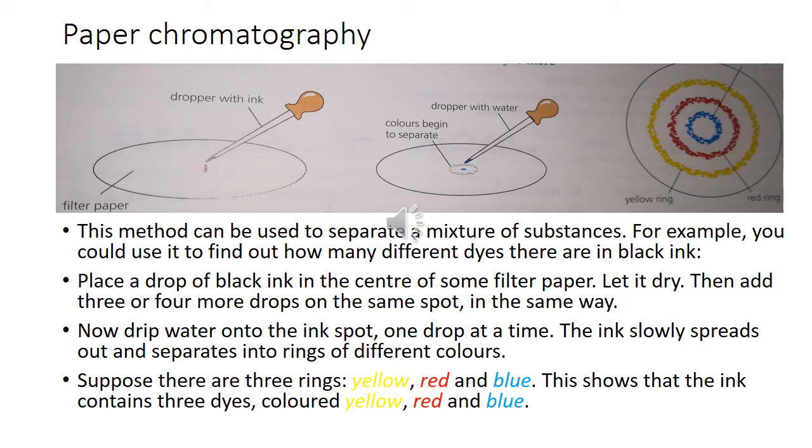This shows that the ink contains 3 dyes, namely yellow, red and blue. Thus the black ink contains 3 dyes. So the different dyes are separated at different rates.